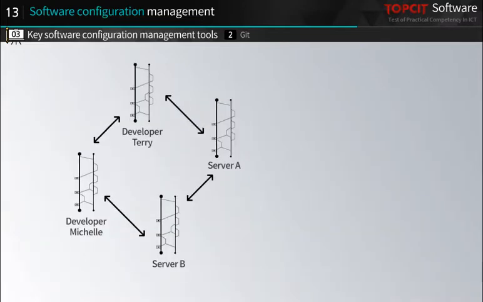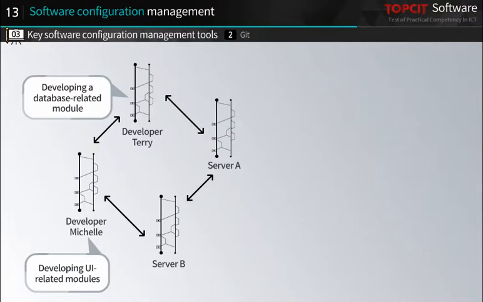Let's take an example. A developer, Terry, is developing a database-related module by downloading code from server A. In addition, Michelle is developing UI-related modules on server B. Let's suppose they are committing to server A and server B from time to time as they develop their own part of the system.